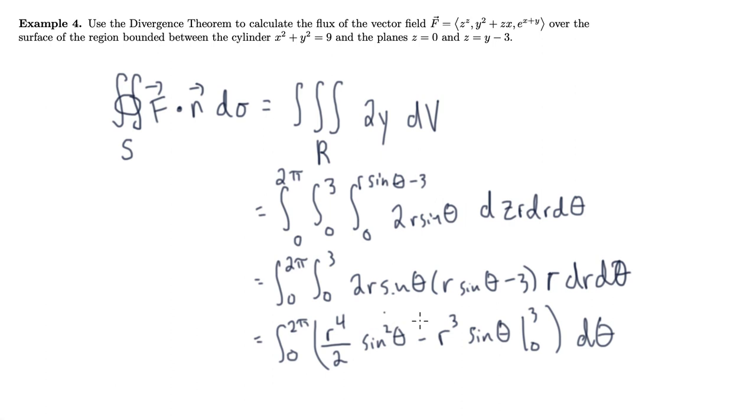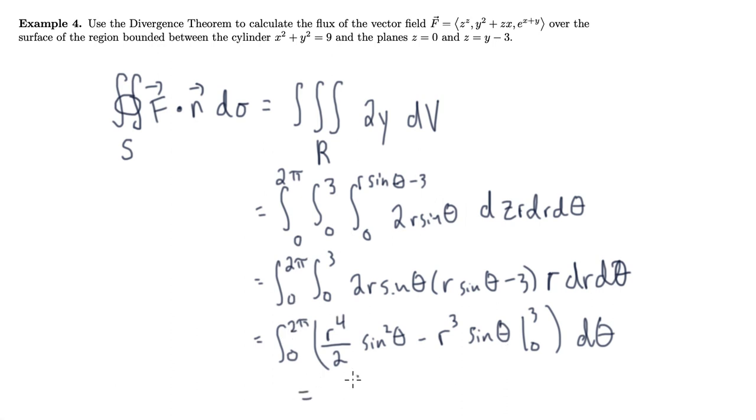Okay, so this is just going to be 81 over 2. This is actually going to be 0. Now it's really going to be 81 times sine theta, but when I integrate sine theta from 0 to 2 pi, that's going to give me 0.